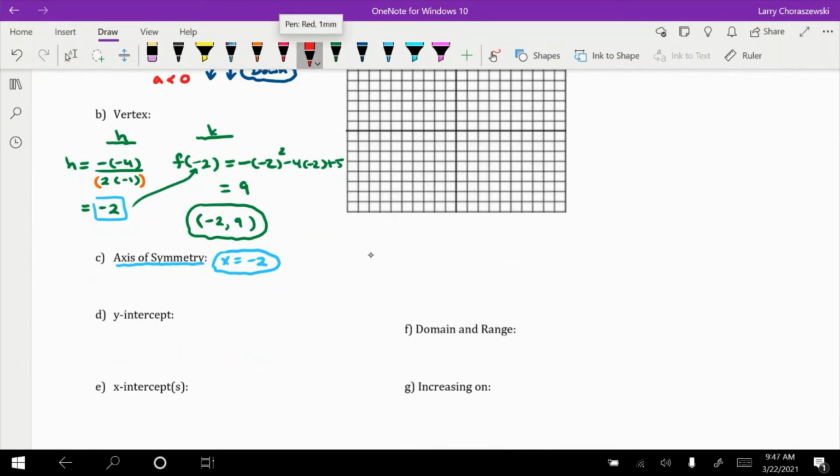Now to find a y-intercept, you plug 0 into your function. Because a y-intercept is on the y-axis, and any point on the y-axis has an x-coordinate of 0. Does anybody want to offer the value we get when we plug 0 into the function? We get 5. So as an ordered pair, 0, 5.